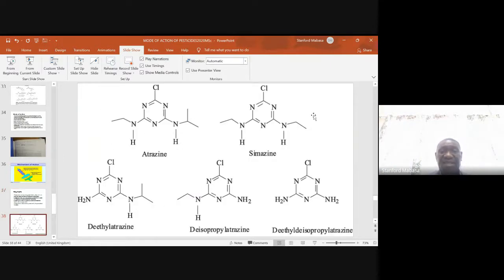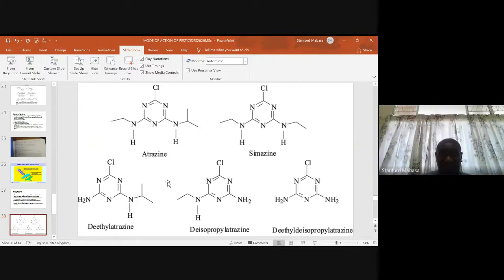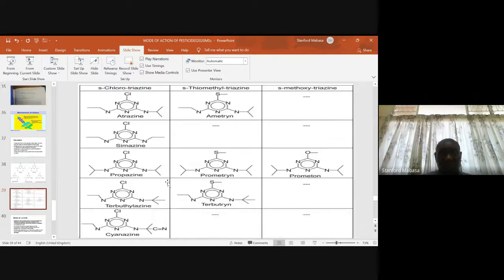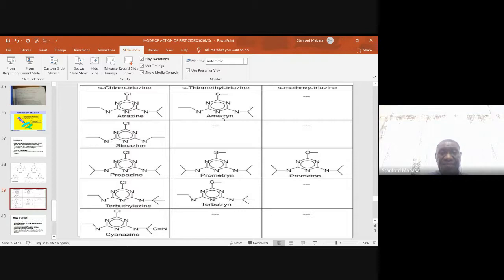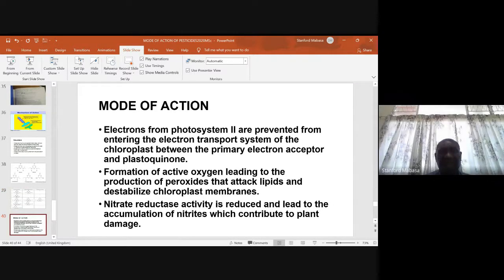So these are the triazine herbicides: atrazine, ametrine, simazine, propazine, and so on. So let us focus on the mode of action of triazines.